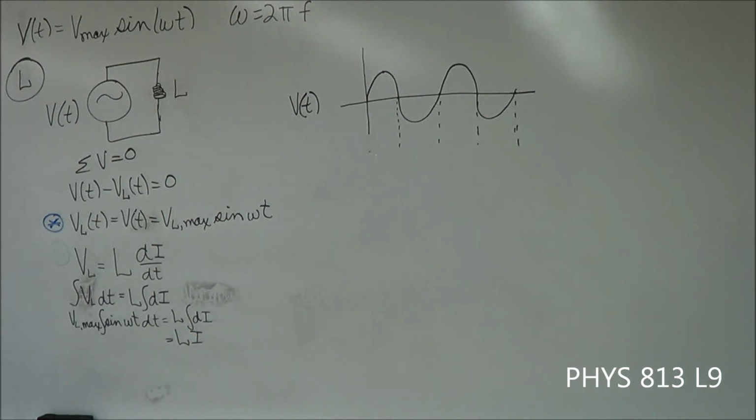Okay, now on this left side, the integral of sine of omega t. So if you go back to calculus, the integral of sine is minus cosine. So we'll start with our VL max, our constant. The integral of sine is minus cosine.